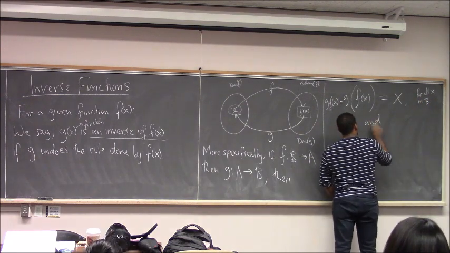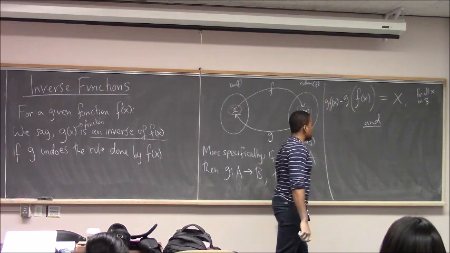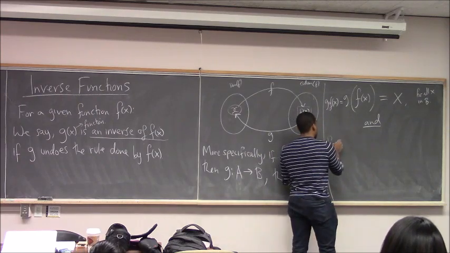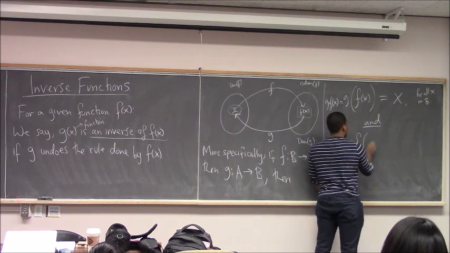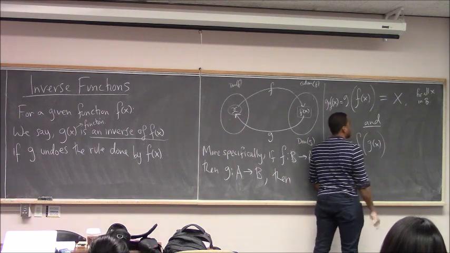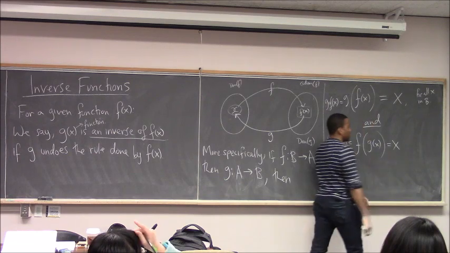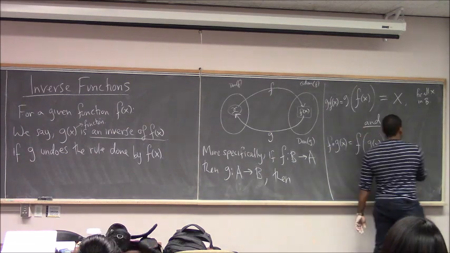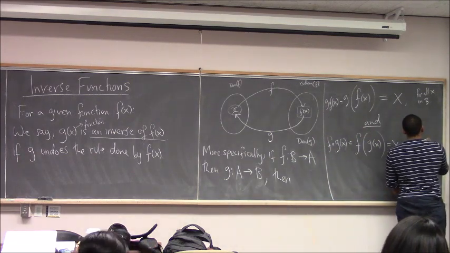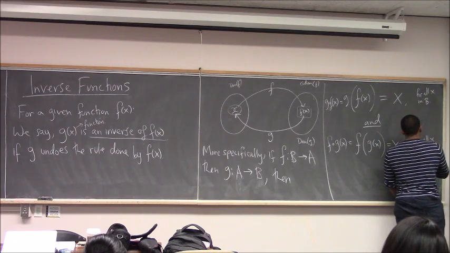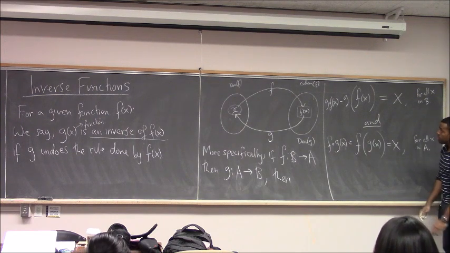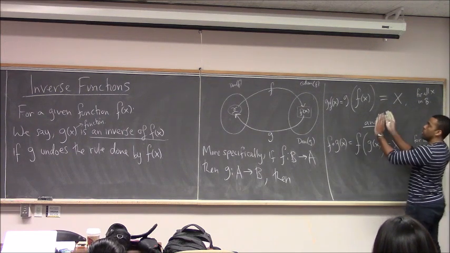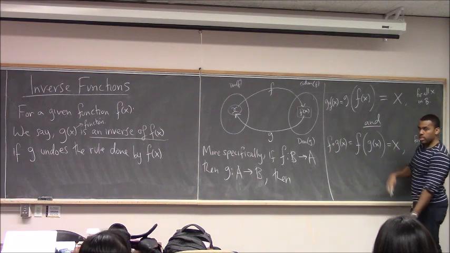And at the same time, if I do the composition in the reverse order, f of g of x, which is the same as saying f composed with g, will give us the original output x. And here, x is living in B. So we say functions are inverses of each other if, when you plug one into the other, you just get the original input back.